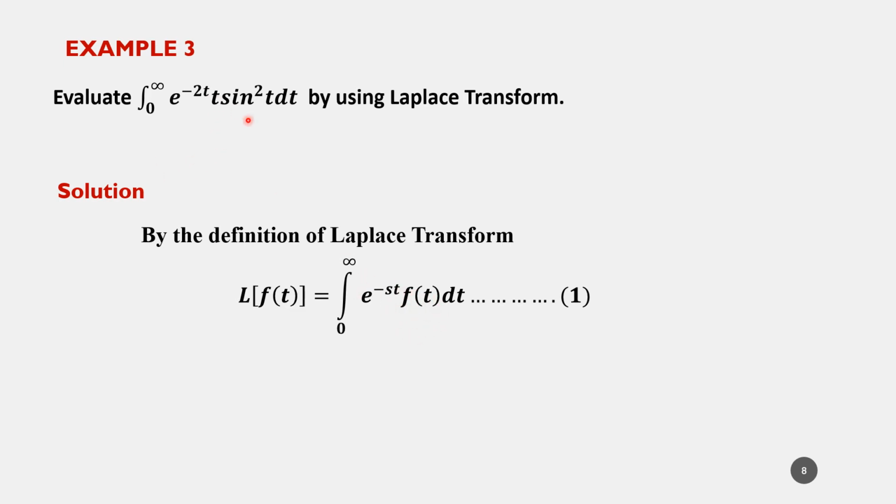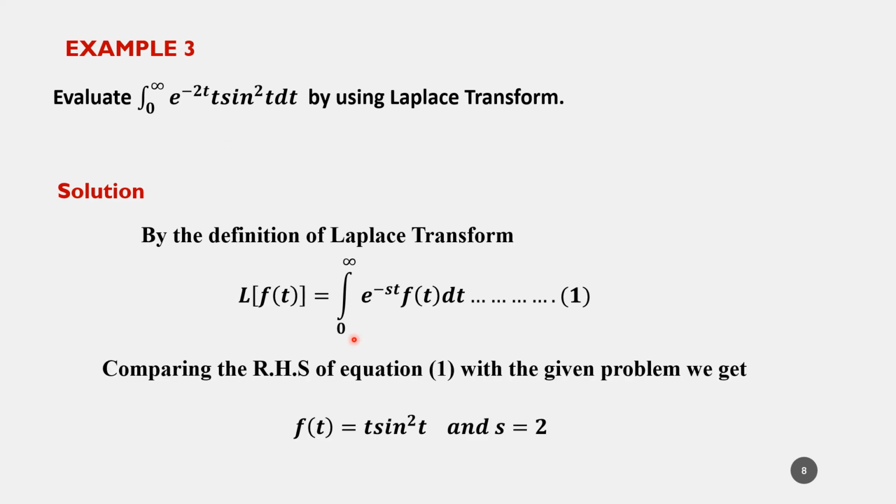So f of t becomes t sine square t and s is equal to 2. So this given integral will become L of t sine square t with s equal to 2.